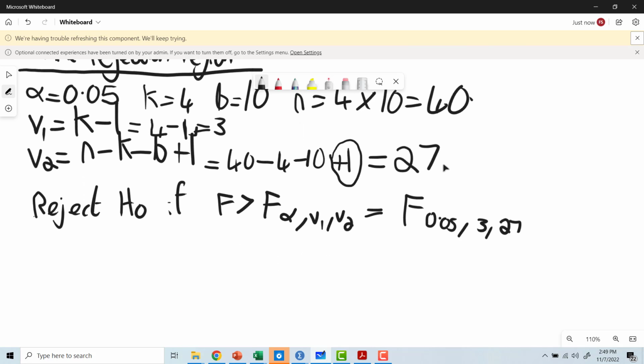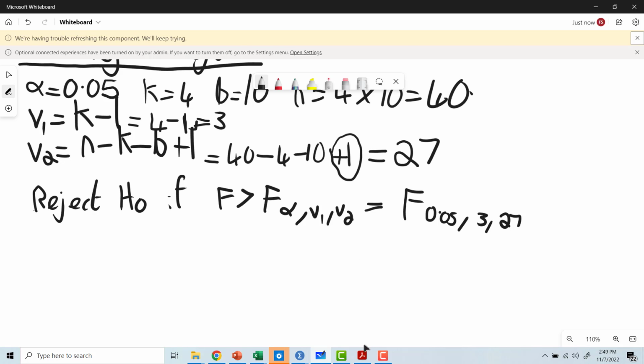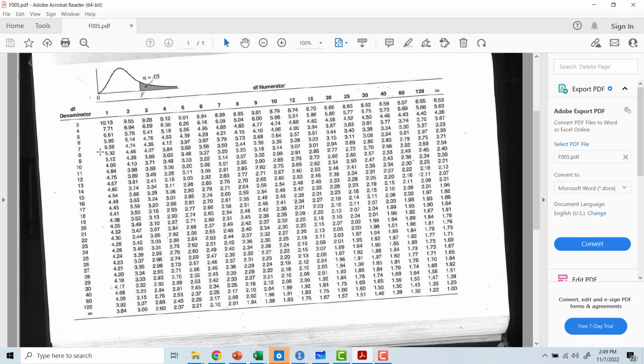Okay, let's move that up a little bit. And we just so happen to have the F table here. Numerator 3, go down, 27 across. And you can see that we have 2.96 here.